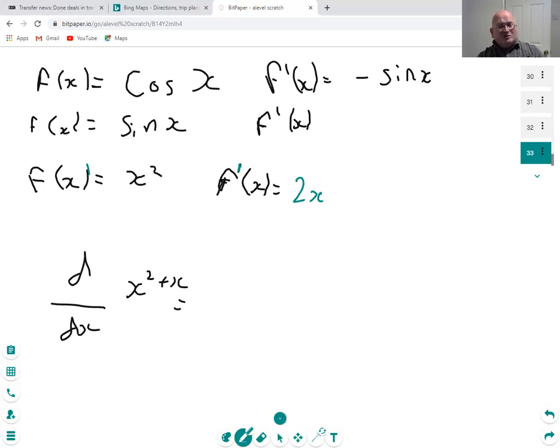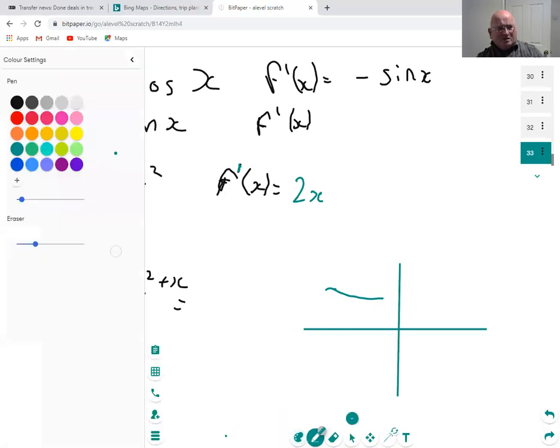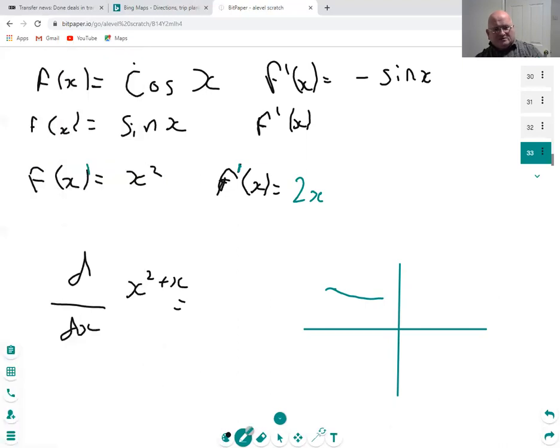If you remember the cos x curve, that starts up here and immediately starts going down. The sine curve starts going up.